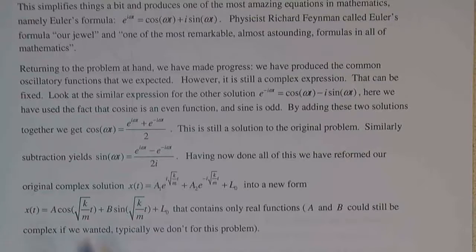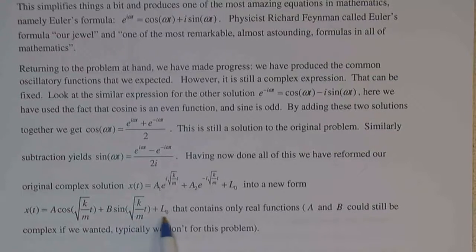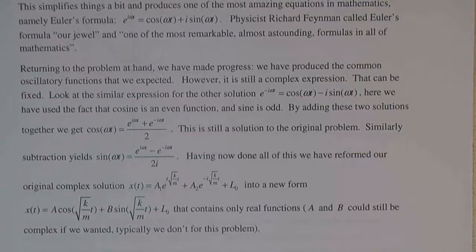So we have a new form of our solution, which is an arbitrary constant a times the cosine of the square root of k over m times t, plus a second arbitrary constant b times the sine of the square root of k over m times t, plus our inhomogeneous solution L0 that sets more or less where the equilibrium length of the spring is.